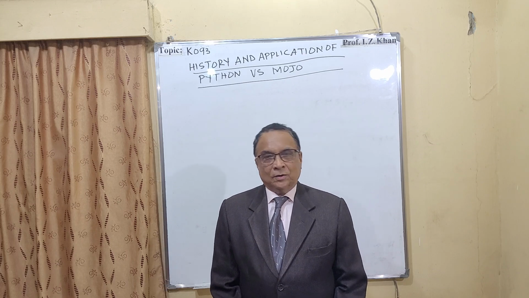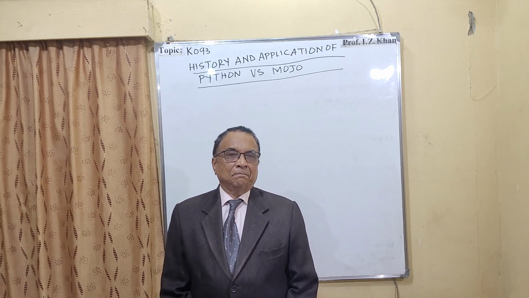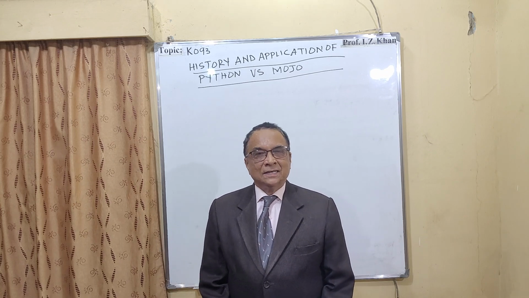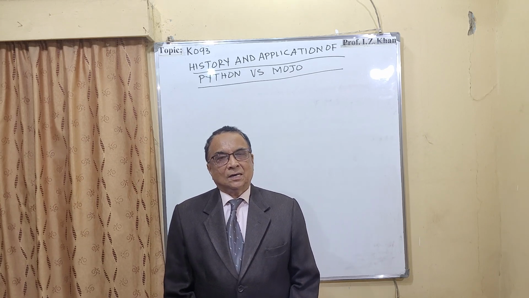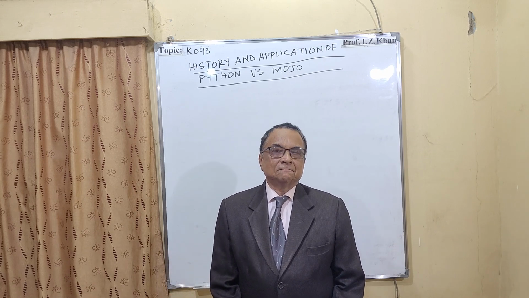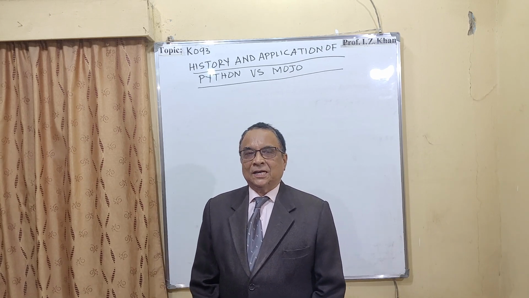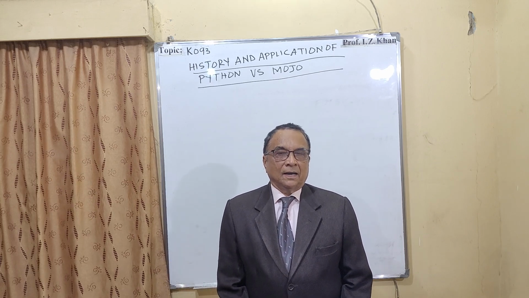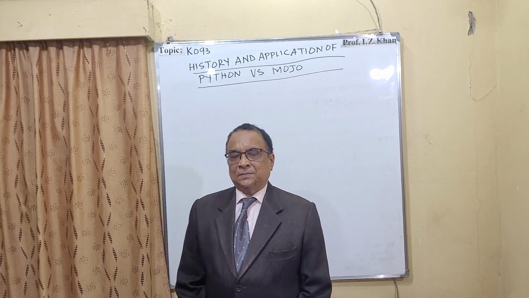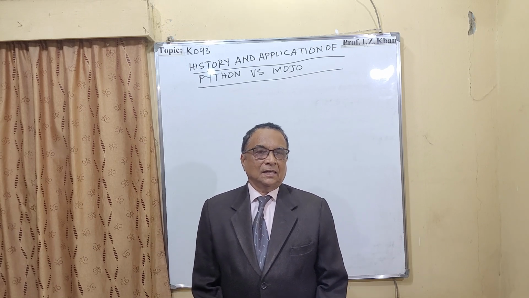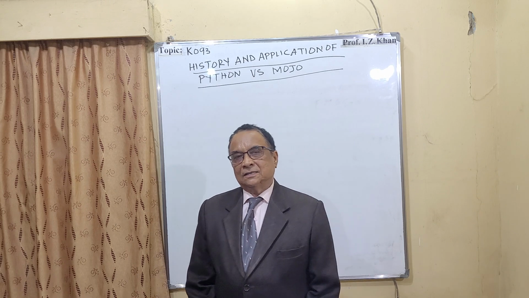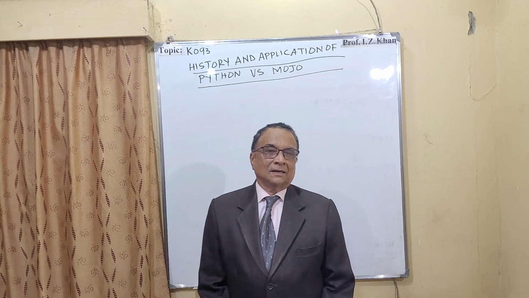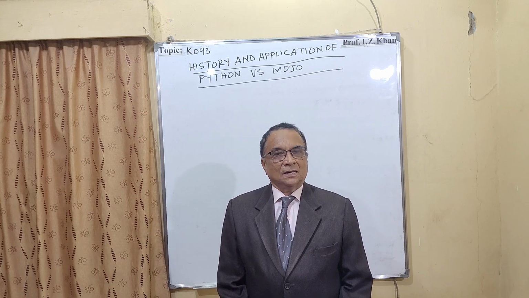And the word Python came from a very popular comedy program, Monty Python's Flying Circus, played by the British BBC. The person who wrote the language, when he learned programming, picked Python from that comedy program.